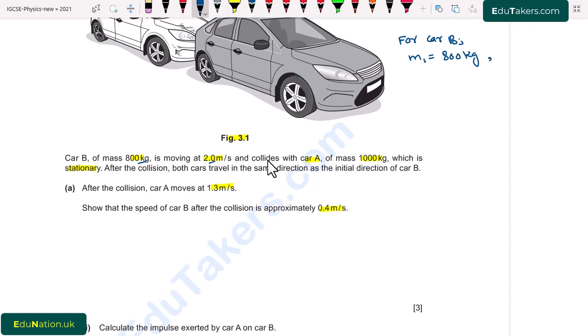And its speed is 2.0 meter per second. I represent it with U1. It is equal to 2.0 meter per second. So it collides with car A of mass 1000 kg. For car A, mass M2 is equal to 1000 kilogram, and which is stationary, means that its initial velocity is equal to 0. So I write here U2 will be equal to 0.